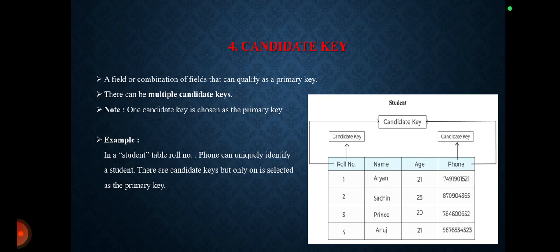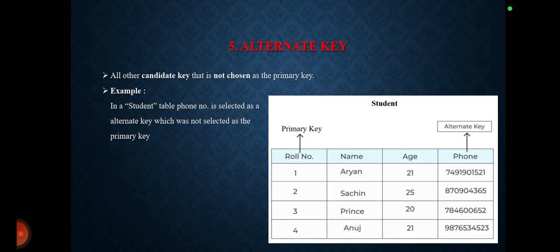Next is alternate key. An alternate key is any candidate key that is not chosen as the primary key.